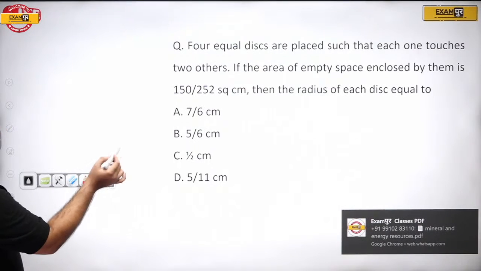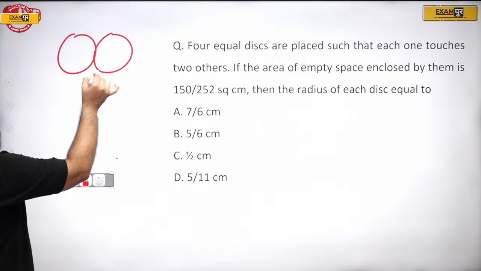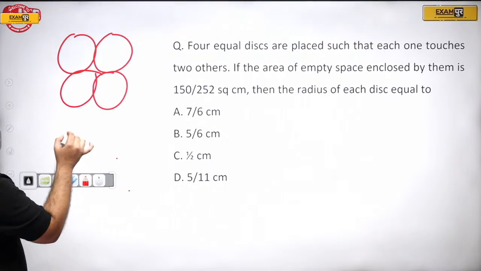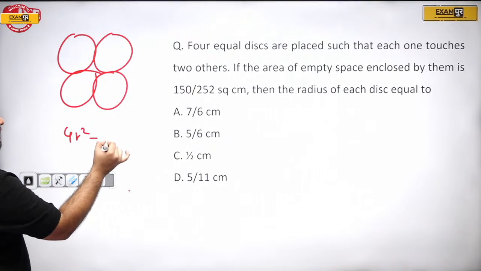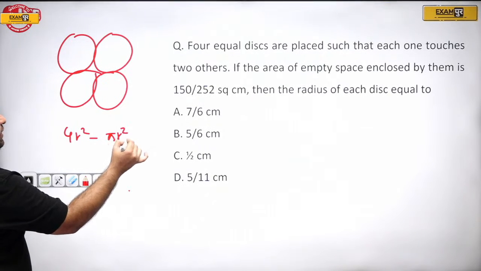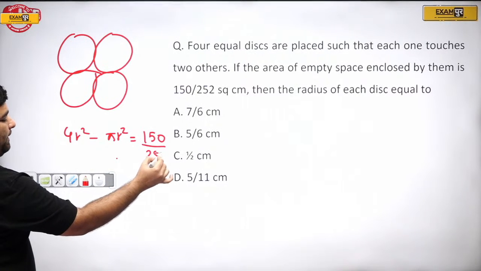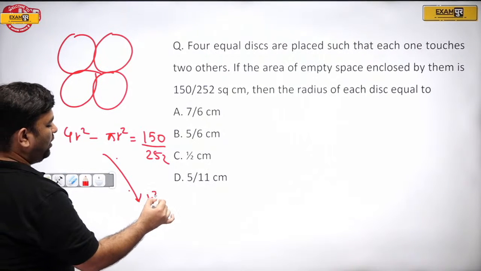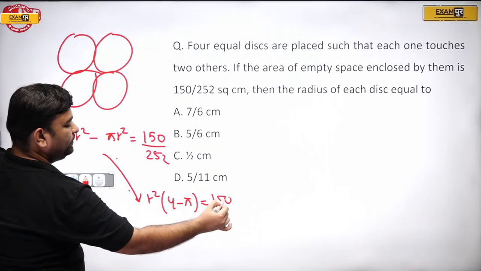This area came out to be 4r square minus pi r square, which is given as 150 by 252. Put the value of pi.